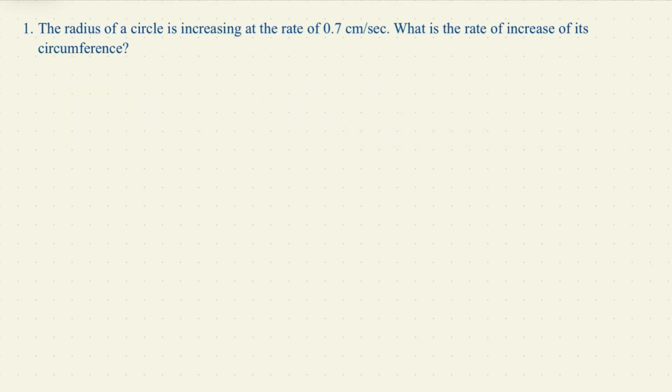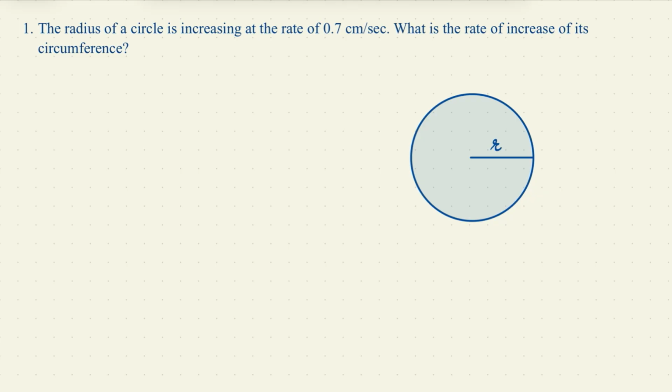Question 1. The radius of a circle is increasing at the rate of 0.7 centimeter per second, and we have to find the rate of increase of its circumference. So here's my circle, and as we all know, the circle depends on its radius. The more the radius, the more the area and the more its circumference.